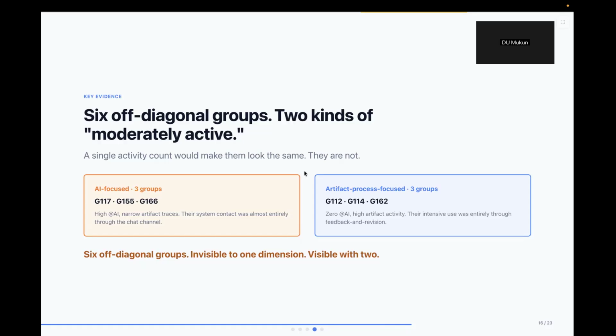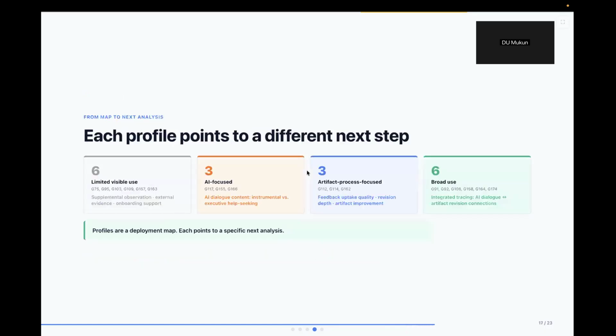They will just be buried among a large number of groups. So this is the contribution: we have found a special way of learning, or a special way of using the system. So for each profile, we could have a different way of helping them or giving them support.